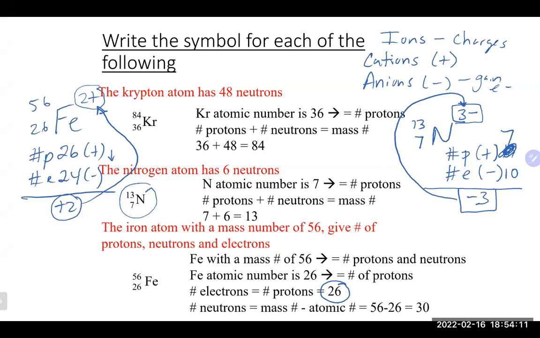And the number is how many it lost from the neutral guy. Went from 26 to 24. And that's how we get cations, by losing electrons. So when things lose electrons, they have more protons, which is why they become positively charged. When things gain electrons, they have more electrons than protons, which is why they become negatively charged.